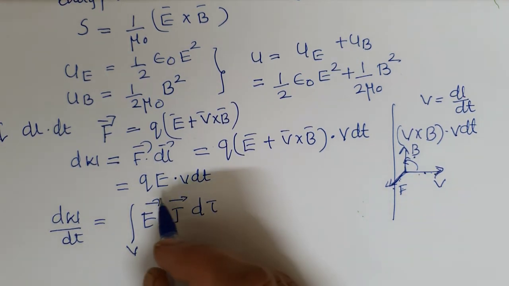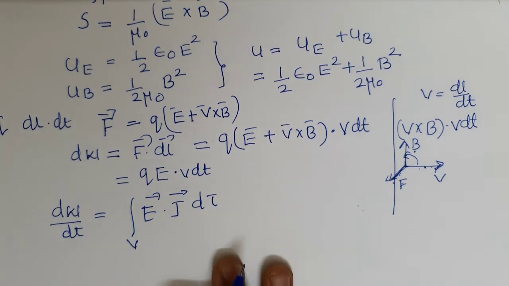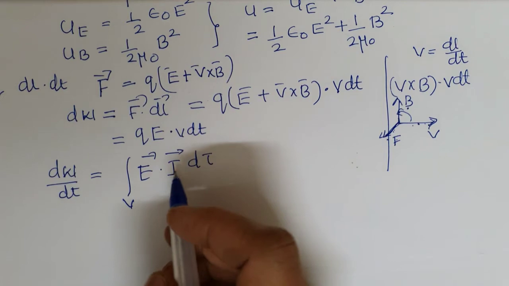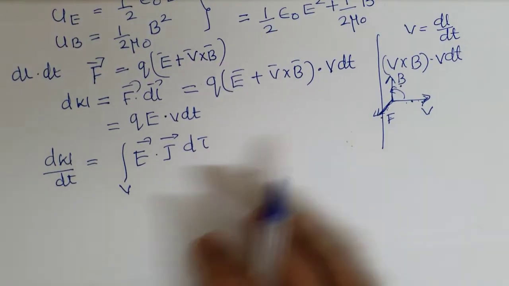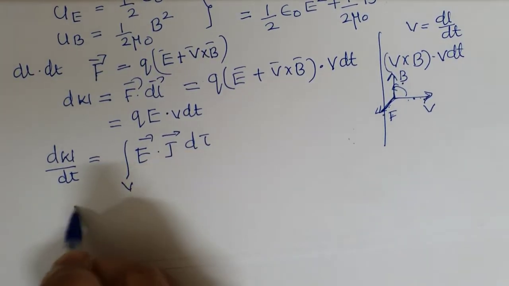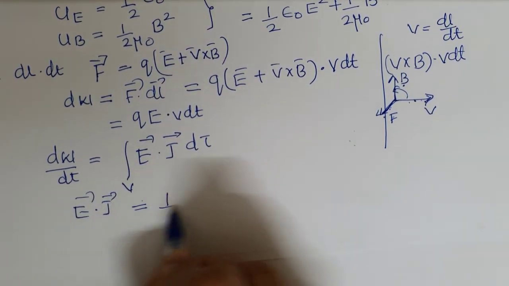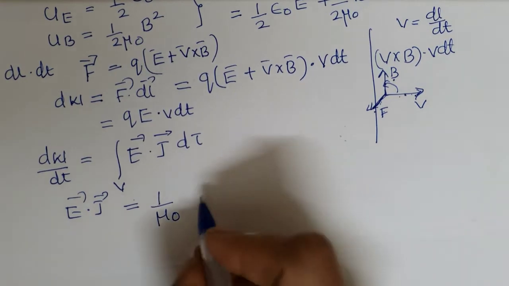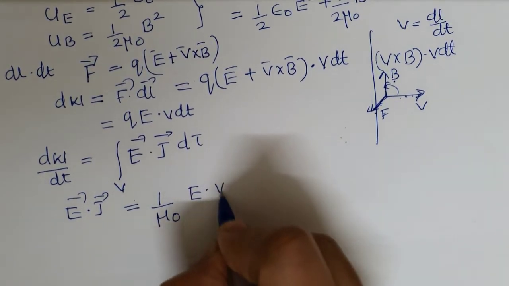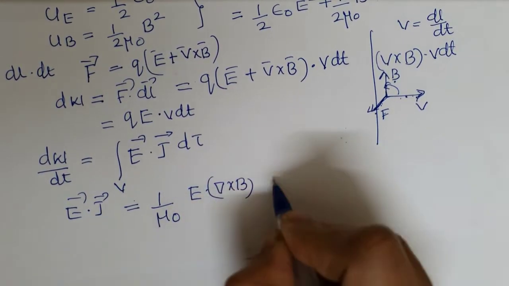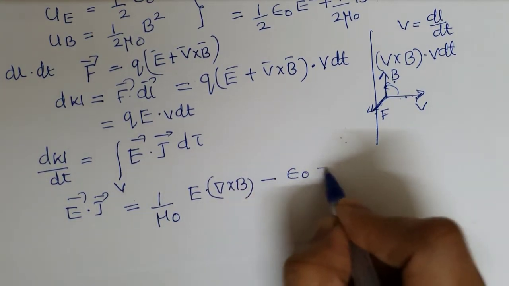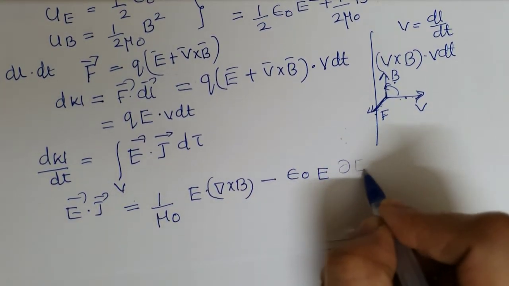We can represent this quantity in terms of the electric field E and the magnetic field B using the Ampere-Maxwell equation, and we can eliminate this J. That is, the equation is E dot J equals 1 by mu 0 E dot del cross B minus epsilon 0 E dot dou E by dou t.